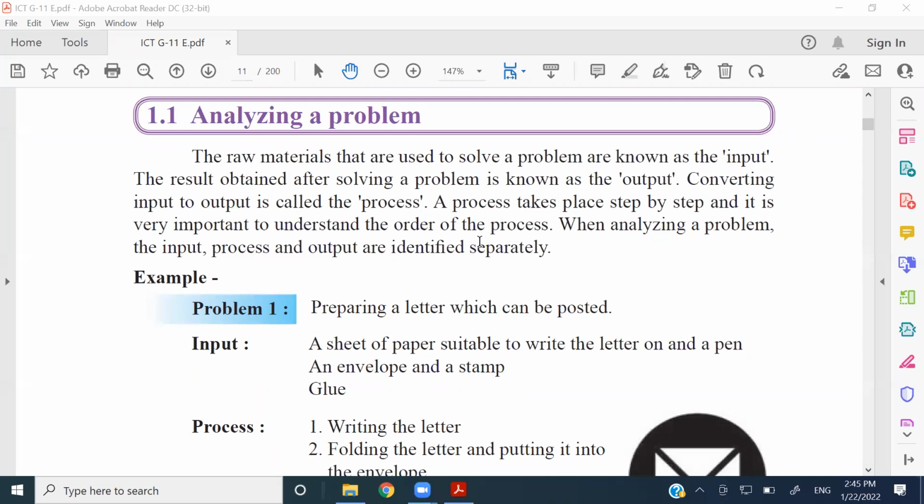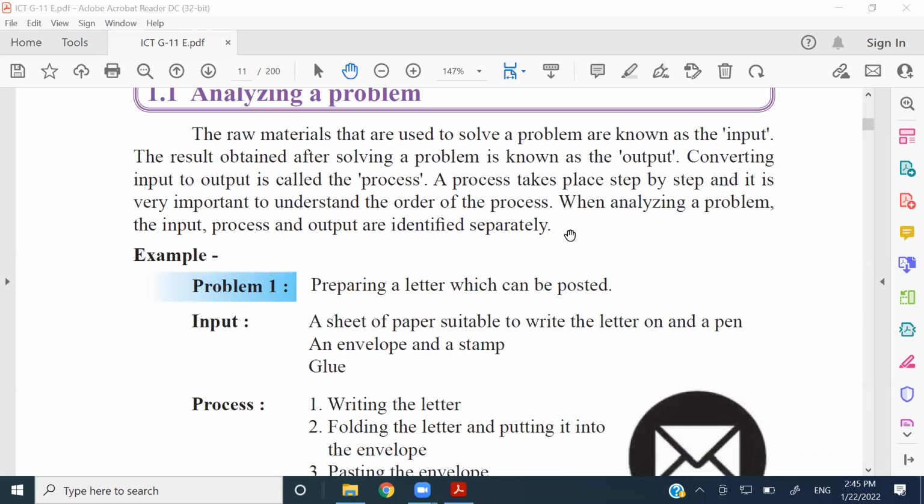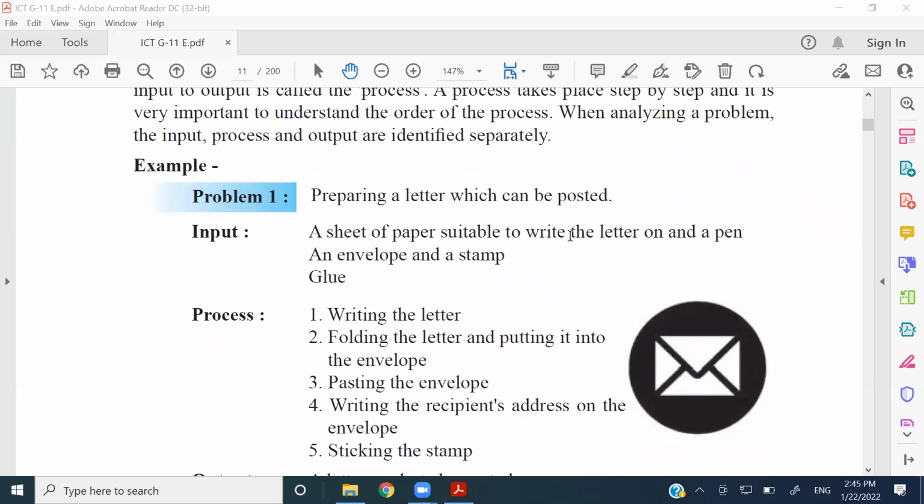So basically, it is fixed into the model input, process, and output. In the book, they have given some examples of how a problem can be analyzed to identify the inputs, the process, and the output.